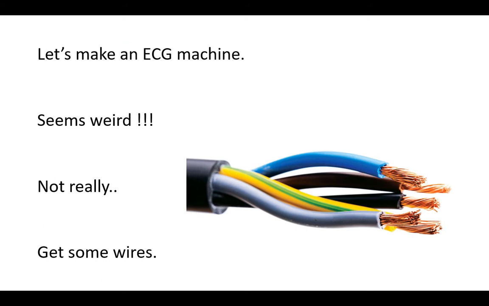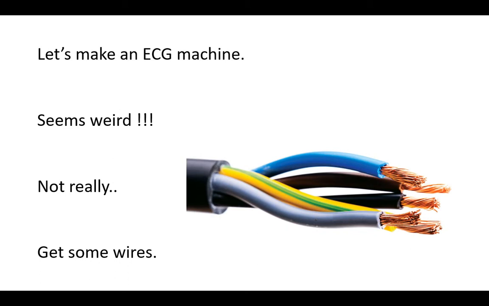Now next thing is, let us make an ECG machine. It may seem a weird thing but not really. If we can collect some wires, just simple copper wires that we use in our household electricity wiring, we can form an ECG machine.